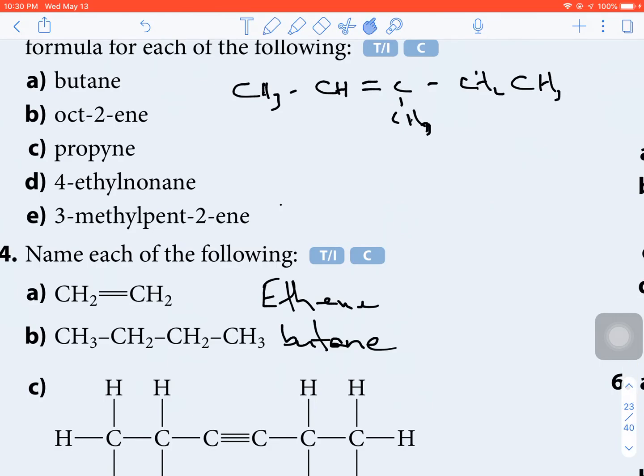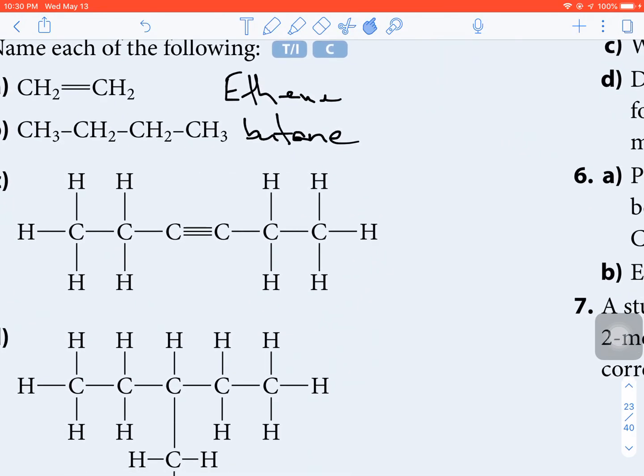If I move down to C, I'm seeing 1, 2, 3, 4, 5, 6 carbons, which makes it hex. And the triple bond is, it depends if I count from this end, it's after the 1, 2, 3, or if I go from this end, it's after the 1, 2, 3. So it's hex, and then I've got an yne after the 3 carbon.